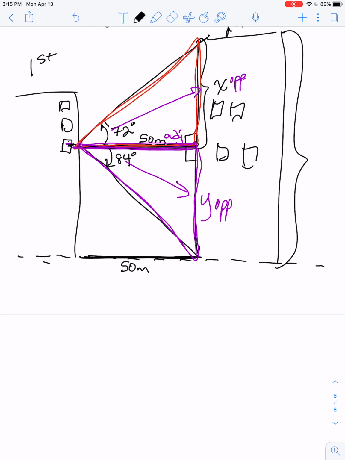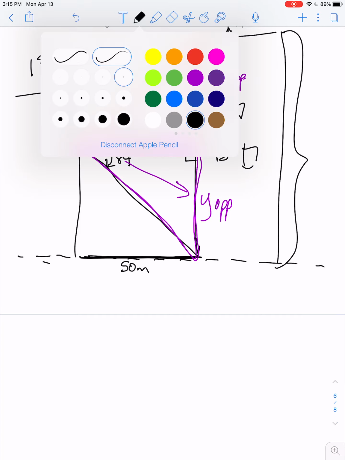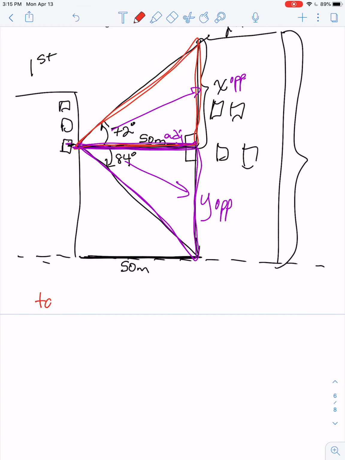Opposite and adjacent. So maybe I'll do this one in red. Okay, so tan of theta equals opposite over adjacent. I would like you to always start every question with writing down the generic ratio.